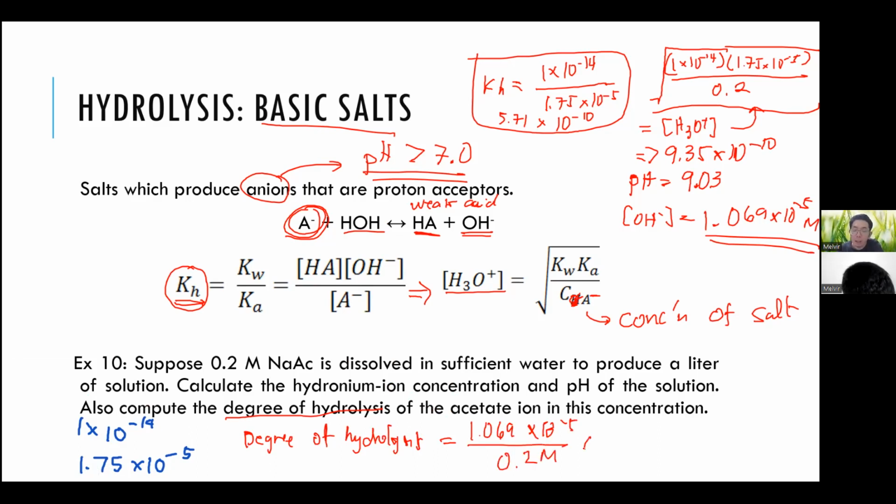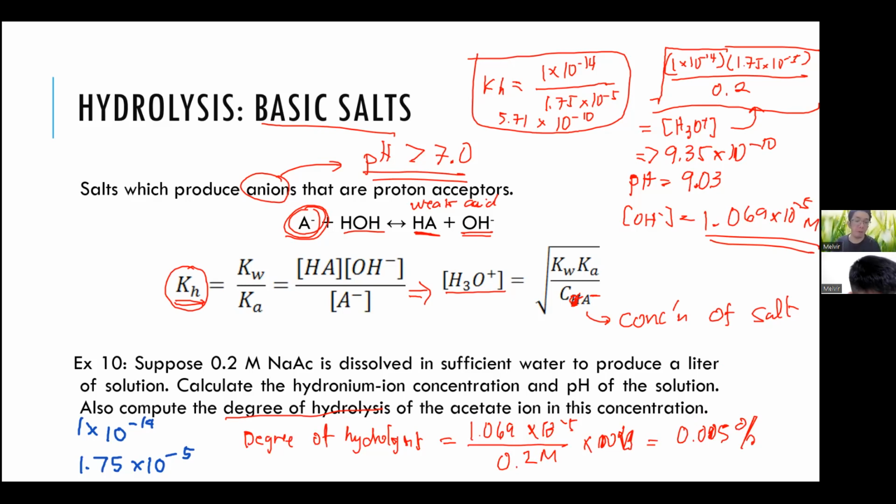You multiply that by 100%. That is the degree of hydrolysis. So, 1.069 exponent negative 5 divided by 0.2 then times 100. It's low, right? 0.005%. That's how small the amount you form is.